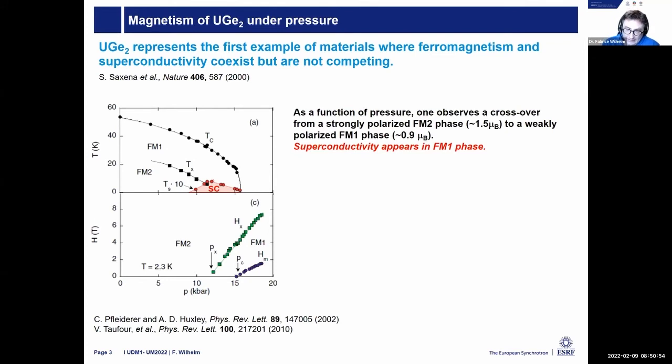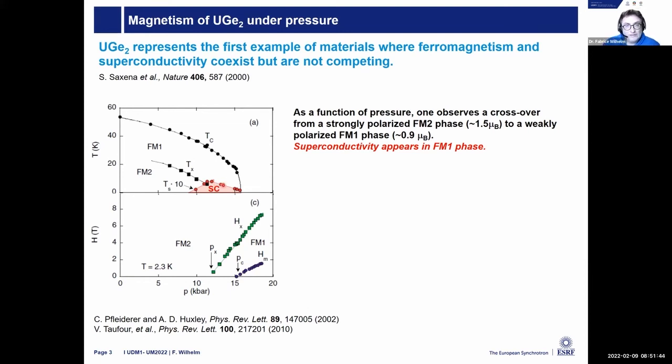This is an extremely highly studied sample because, if you plot, for example, the phase diagram of temperature as a function of pressure, you can see that as a function of pressure, one observes a crossover from a strongly polarized ferromagnetic phase, FM2, that carries a magnetic moment up to 1.5 µB, to a weakly polarized ferromagnetic phase, FM1, that carries a smaller magnetic moment of only 0.9 µB. And what is really exciting in this sample is that the superconductivity appears only in this ferromagnetic phase 1.